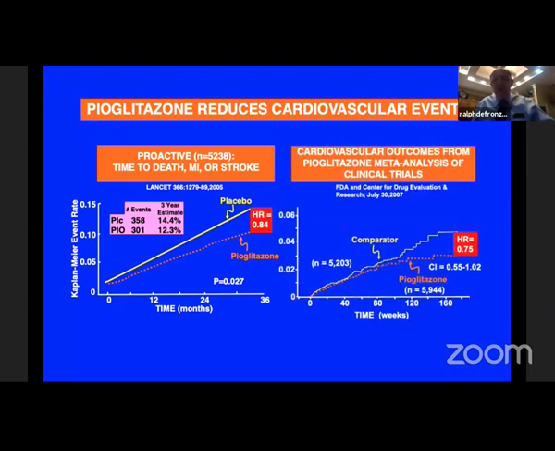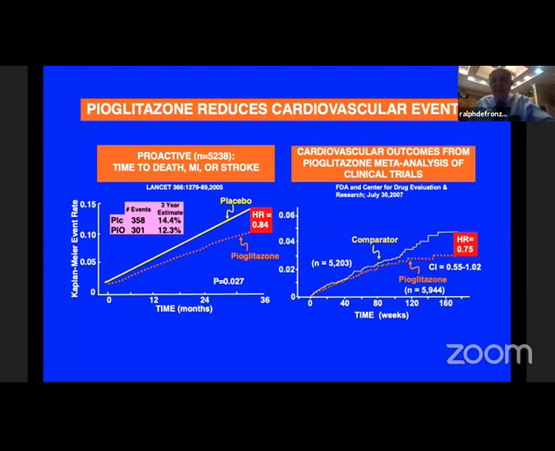Now, at this time, Takeda Pharmaceuticals was carrying out studies in the US to get pioglitazone approved by the FDA. So this slide actually comes from the FDA website, and it's an analysis done by the FDA on every study carried out with pioglitazone in the United States, submitted to them by Takeda.